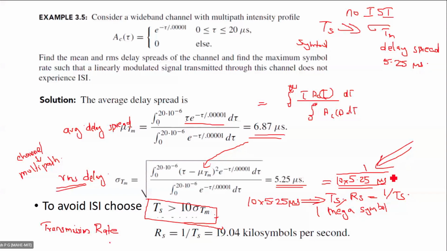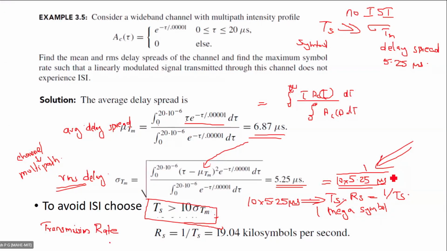So what is the main idea behind this calculation? The idea is that if you are transmitting at this symbol rate, that is 19.04 kilo symbols per second, then there will not be any ISI.